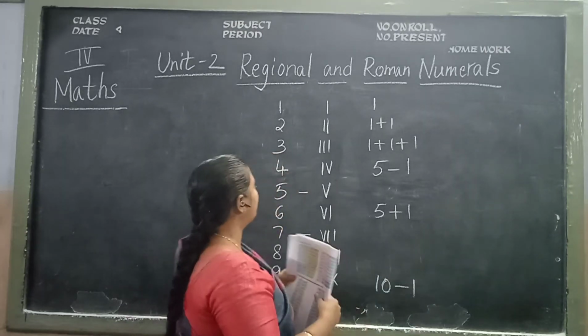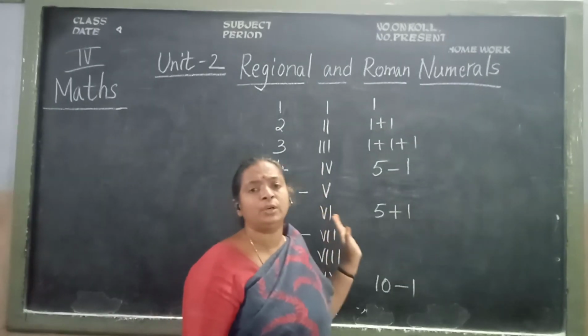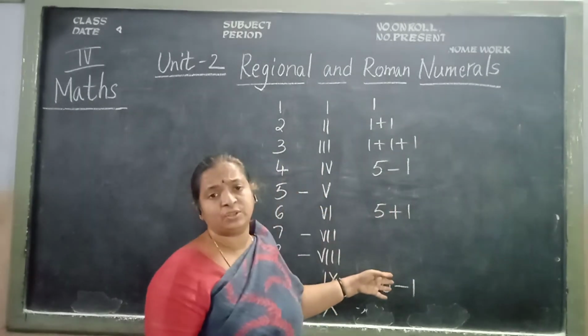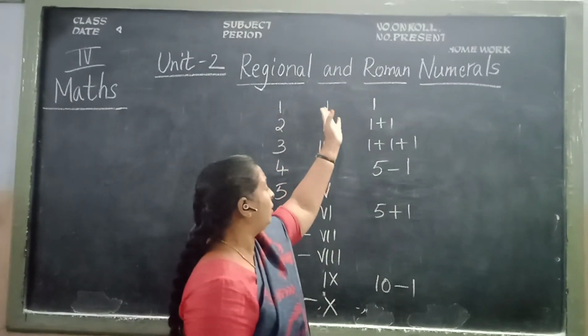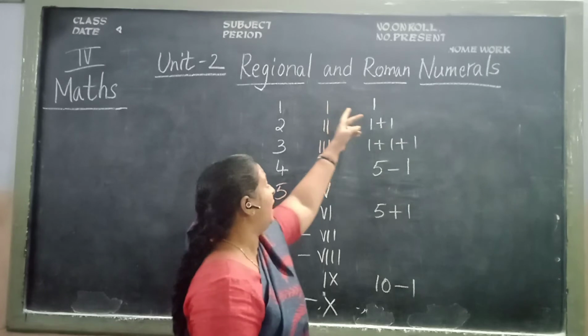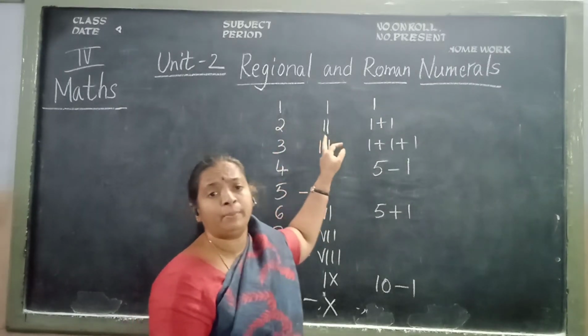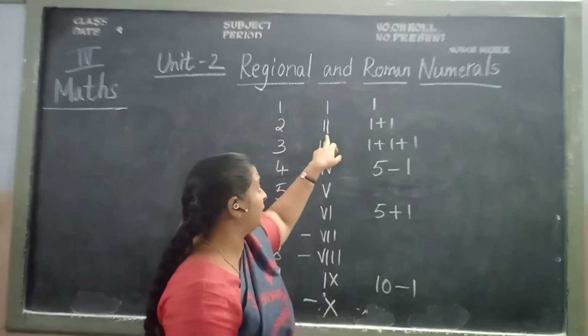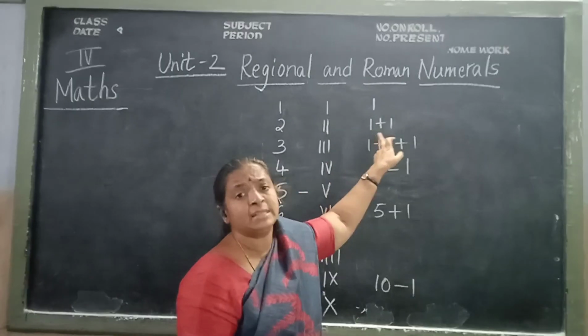See children, first these are Hindu-Arabic numerals and these are Roman numerals. We should present them like this. One in Roman numeral is I, and here we wrote the value one. And 2, children. This is the Roman numeral for 2, and the value is 1 plus 1.